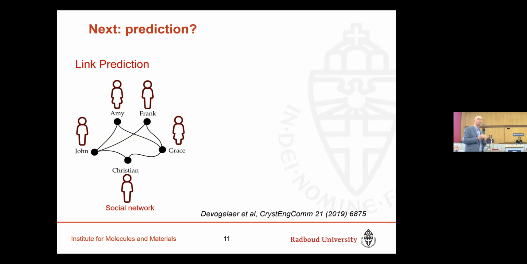In a social network, this is done by looking locally at which friends there are. And so here the question could be whether John and Grace could become friends. Well, they have several mutual friends, so probably. So they probably will receive an invitation, whether they like it or not. LinkedIn has got these things, right? Suggesting friends for you and this kind of thing. So that's network science for you.